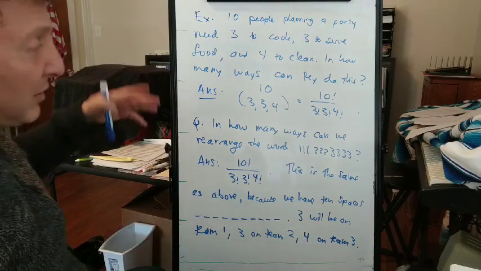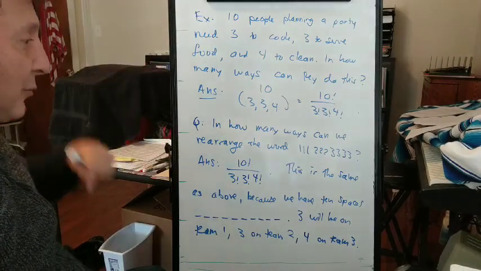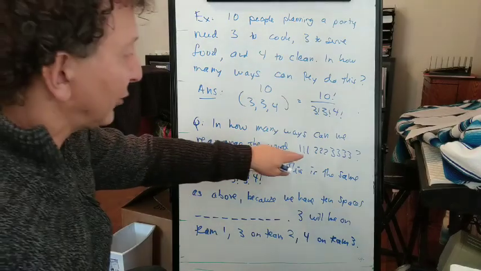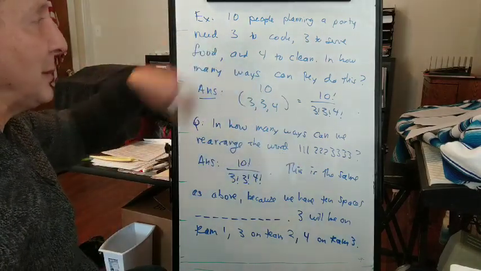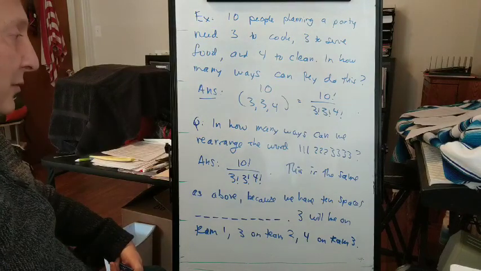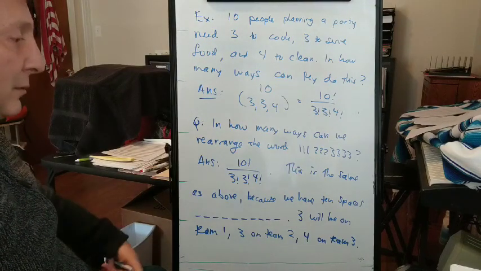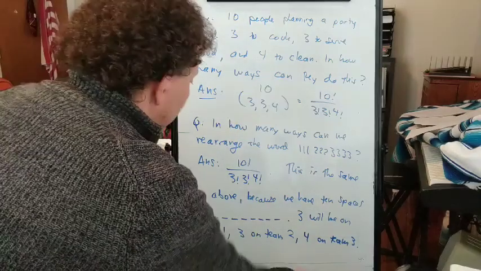Alright, so it's really just another way of looking at the same problem, looking at it as rearrangements of a word rather than as assigning people to 3 labeled teams. Now let's look at this problem from a third point of view.